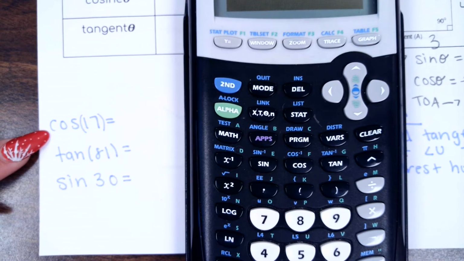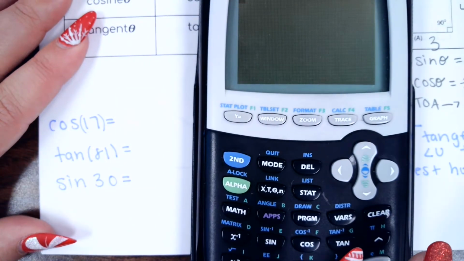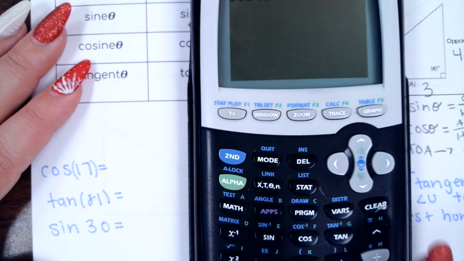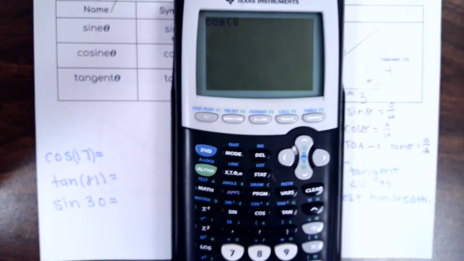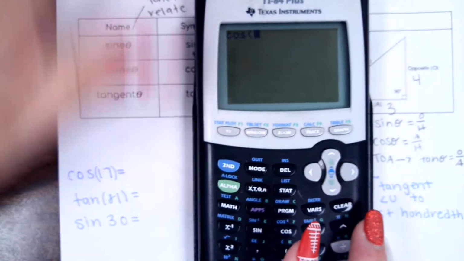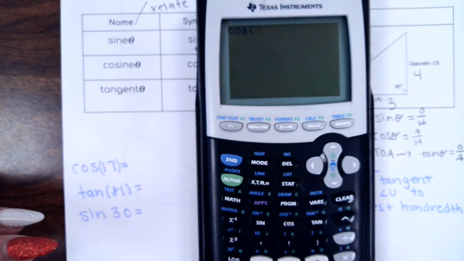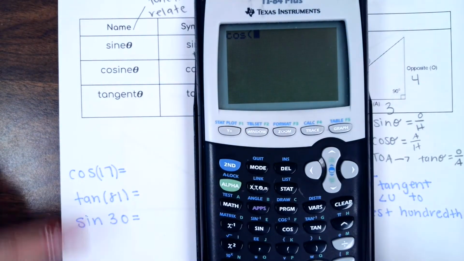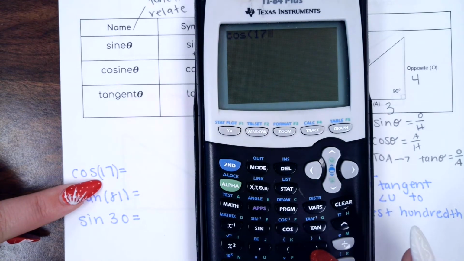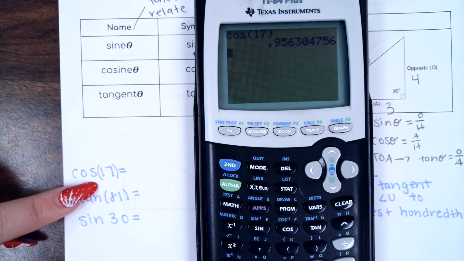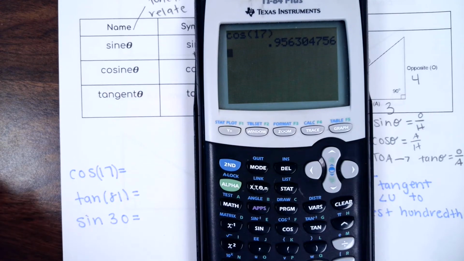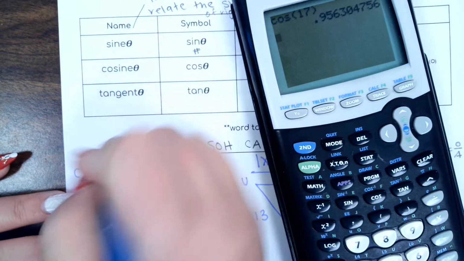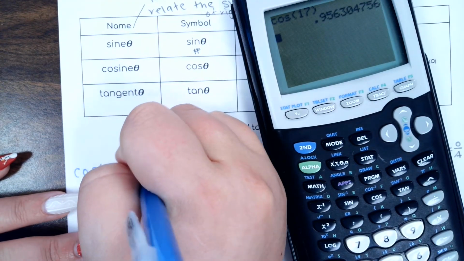So to figure out the cosine of 17 degrees, I am going to hit cosine. Go out a little bit so we can see it all. Okay, cosine. And then on your calculator, it'll pop up cosine and then parentheses. And we want 17 degrees, so we type 17, close our parentheses, hit enter, 0.96. Let's round to the nearest hundredth. So the cosine of 17 is 0.96.